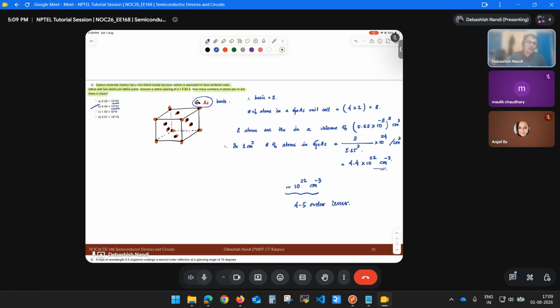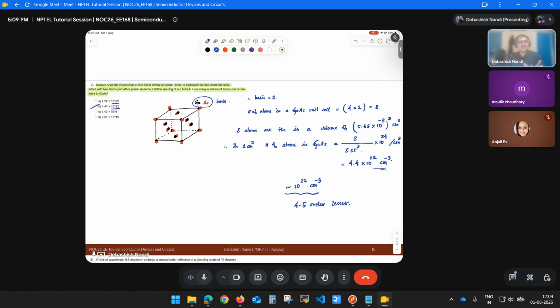That means whether you are doping silicon with phosphorus or boron, that concentration cannot exceed, let's say, 10 to the power 19 per centimeter cube. Otherwise, what will happen? Consider it as a liquid. You are doping it, so it is basically solute and solvent, right?